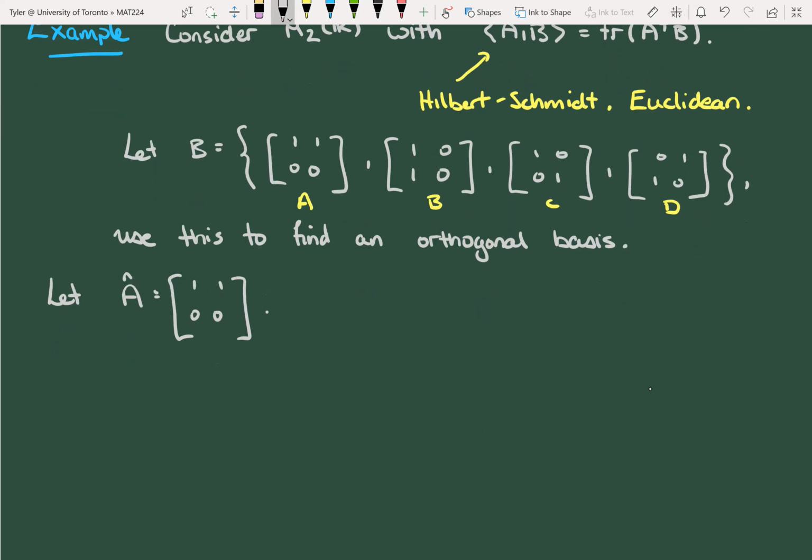Now, for the next vector, what we're going to do is take B and then subtract its projection onto the span of A, like this.